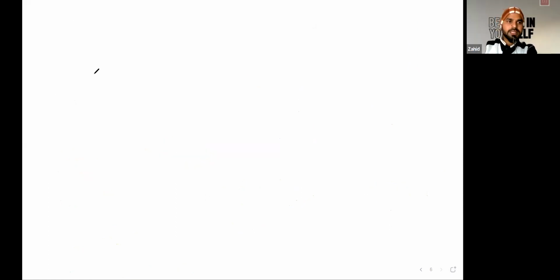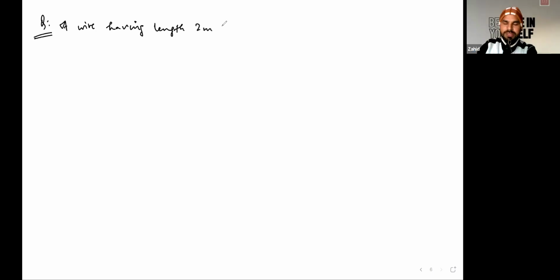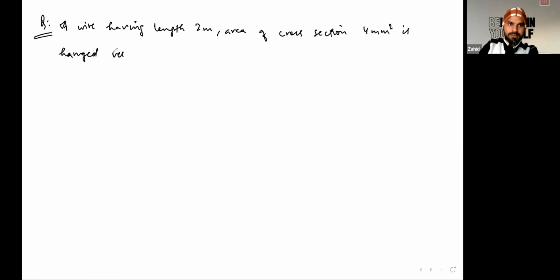Let me give you a question related to this. A wire having length 2 meters, area of cross section 4 mm square, is hanged vertically to a rigid support.